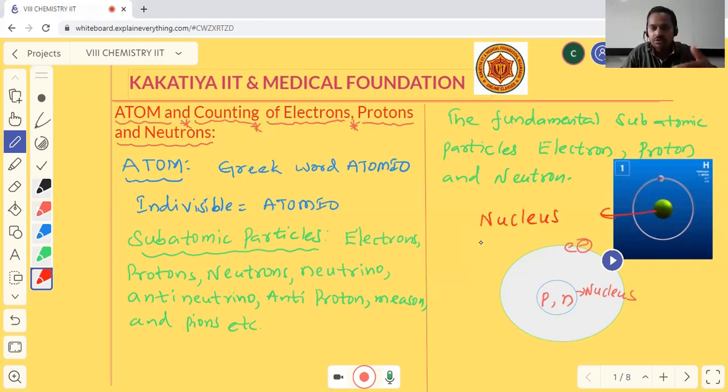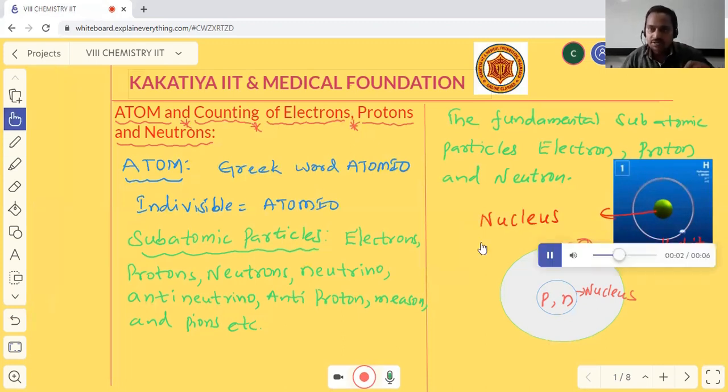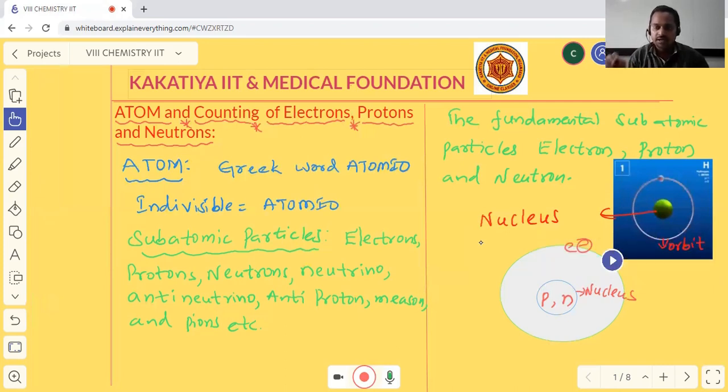It revolves around the nucleus in a circular path, which is called an orbit. The electron is continuously revolving around the nucleus. In other atoms also, the electrons revolve around the nucleus. So inside the nucleus are protons and neutrons, and around the nucleus electrons revolve. This is the structure of the atom.